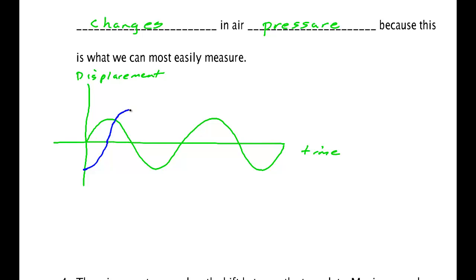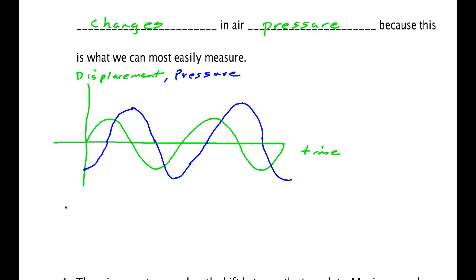And then it'll go up to its max, back down to a node, to an antinode, back to a node, to an antinode, to a node, and to an antinode. So the blue represents pressure. Not that that's the world's greatest plot.